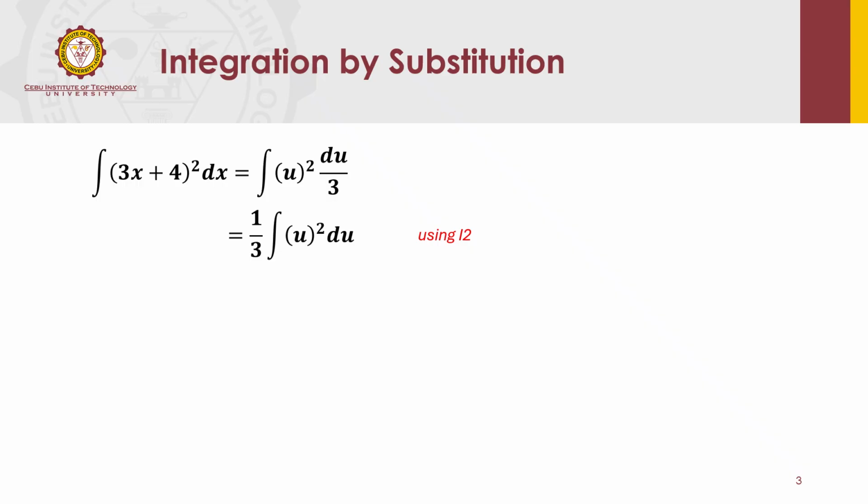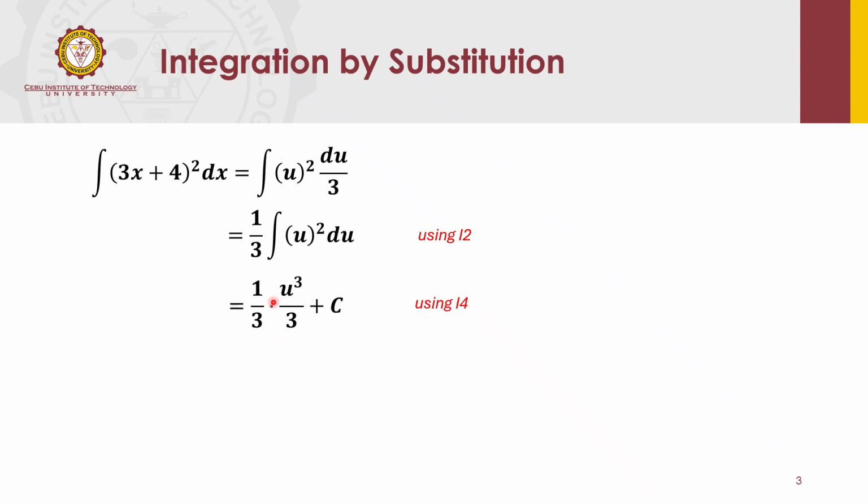using the second basic integration formula, we can put this constant here. Take note, it's 1/3, outside to the left of the integral sign. And then we use the power rule in getting the integral of this. Using I4, it's u³ over 3.